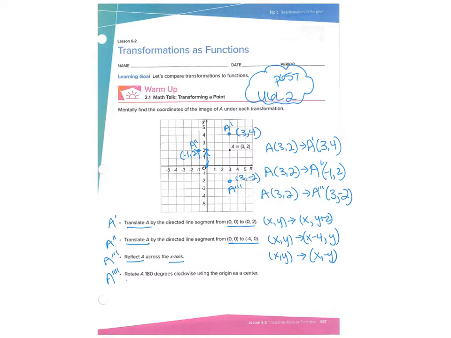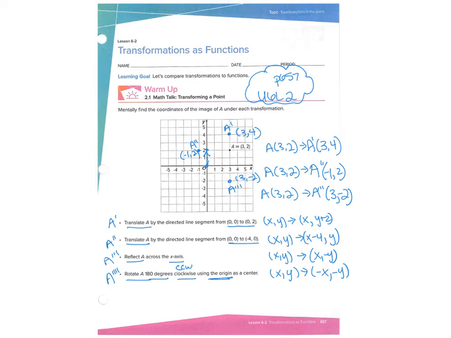So now a 180 rotation clockwise, which doesn't really matter, clockwise or counterclockwise, 180 degrees is the same thing in both directions. But around the origin is really important. I do have a rule for that. My x, y goes to negative x, negative y. Keep in mind that that might mean that negative numbers are becoming positive. When I say negative x, I just mean the opposite sign.